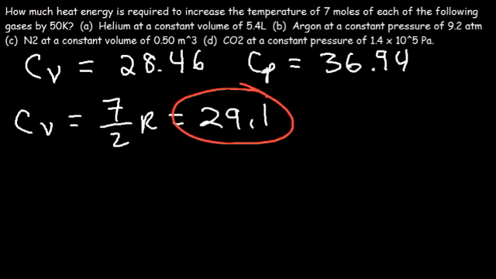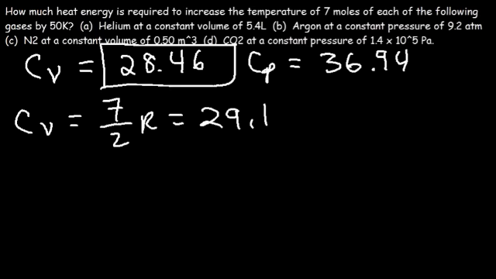As you can see, there's a slight difference between these two values. You might be maybe 2% off, but it's still pretty close. So if you don't have the actual value of Cv for CO2, go ahead and use this approximation. But if you have it, preferably use this one.